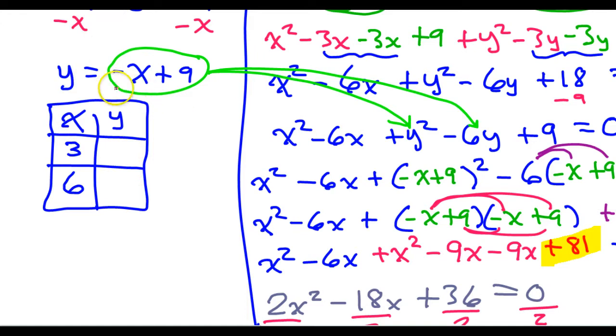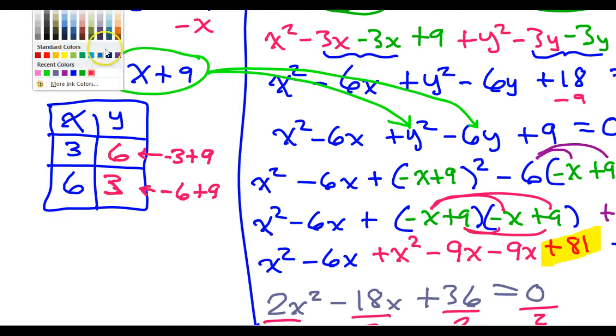Okay, well, I know the y values will be -x plus 9. So in this case, -x plus 9, that would make -3 plus 9. But that would be 6. And in this case, -x plus 9, that would make -6 plus 9. That's going to make 3.